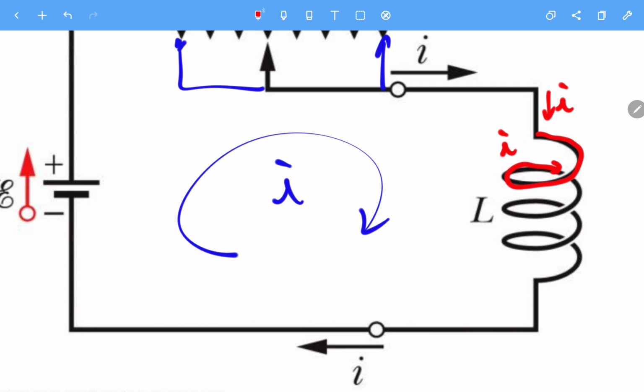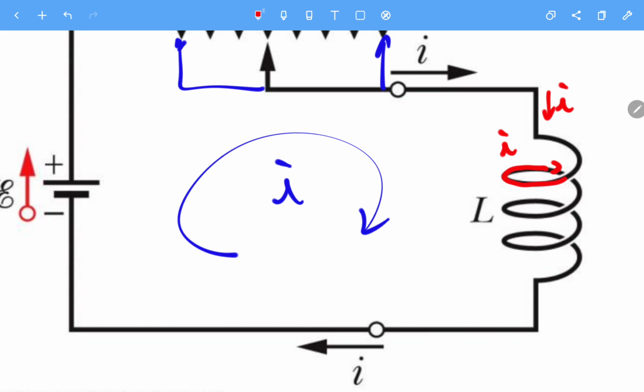According to what we have learned in chapter 29, we have the Biot-Savart law or Ampere's law. We consider this term only. We have a current like this, and we can use the right hand rule to determine it. It should generate a B field.